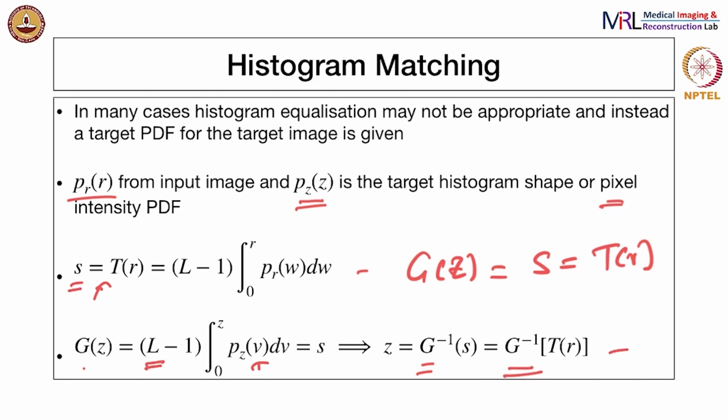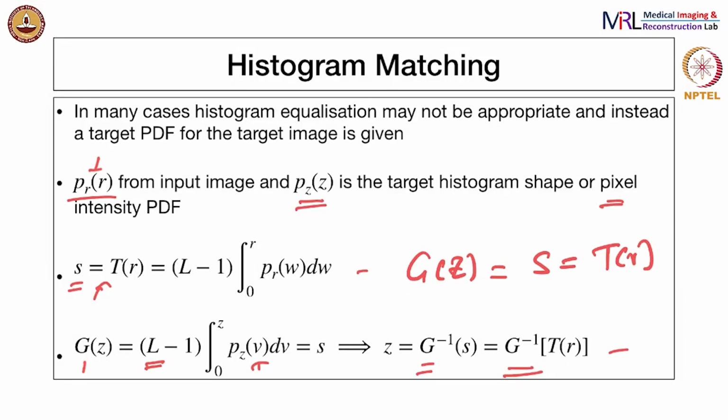If we go back one more time, in the continuous formulation, we can estimate P of R from the input image, and P subscript Z of Z is given. P subscript Z of V is given, but V is just a dummy variable. Once you have P subscript Z of Z, we can also calculate G of Z. So T of R and G of Z can be readily calculated.